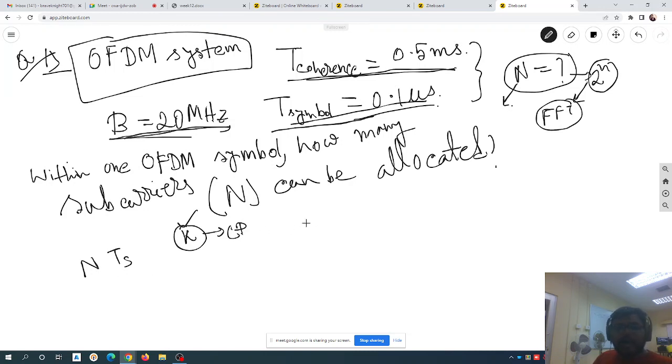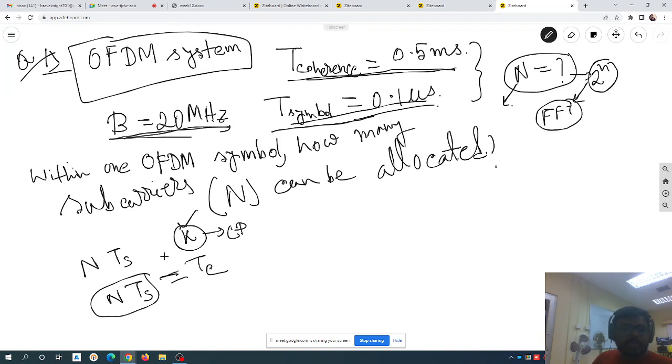If I use more CP, that will take away my subcarriers. So the thing is, I can take N into a particular symbol duration, and within this the OFDM channel should not change. It should be within the coherence time.